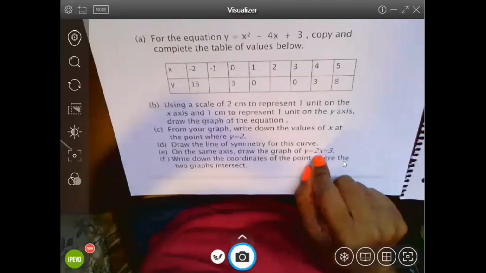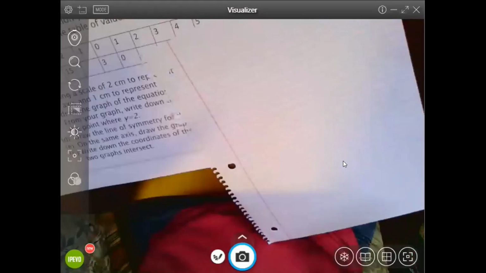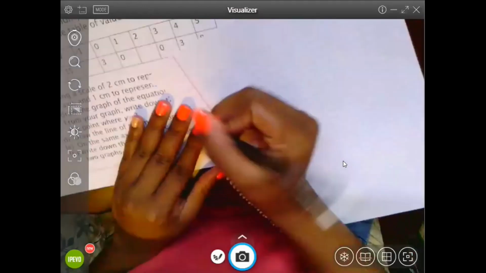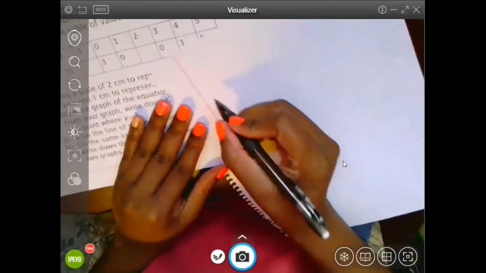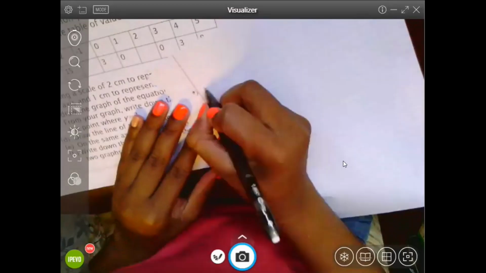First thing I'm going to work on is question 8. I have some paper and we're going to write. All right, A, and I'm writing the function first, y equals x squared minus 4x plus 3.